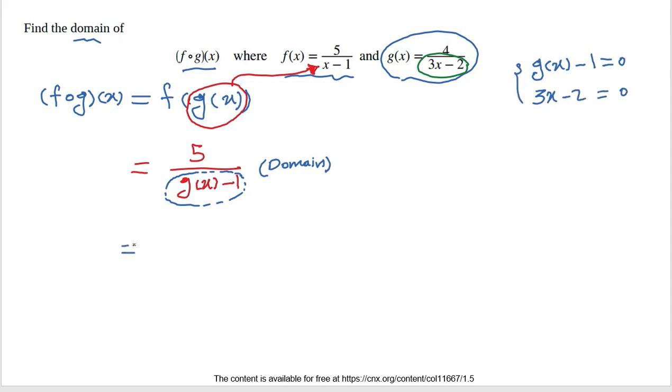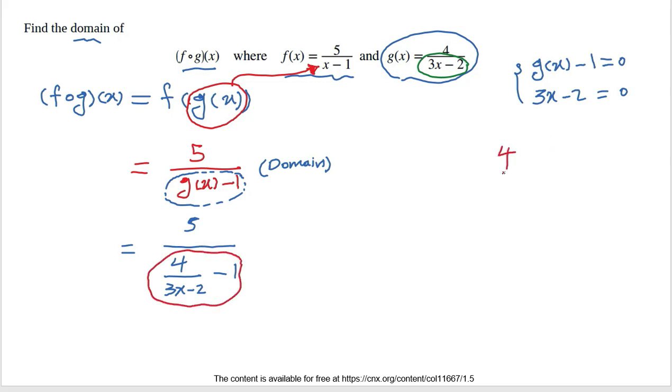So you can write it right here. 5 over g of x is 5 over 4 over 3x minus 2, minus 1. So we need to find the denominator right here without going any further, without any simplification. Here we have one fraction, one denominator.